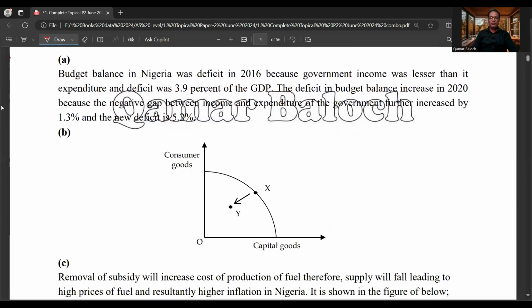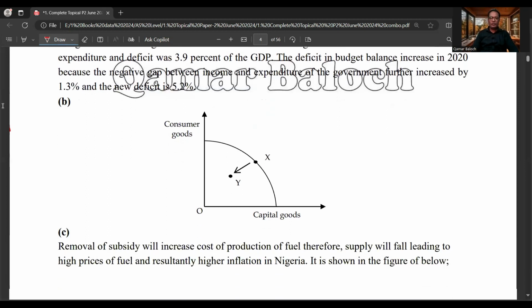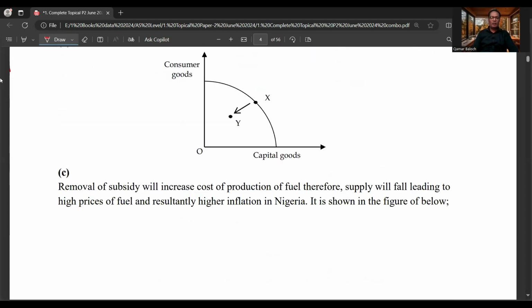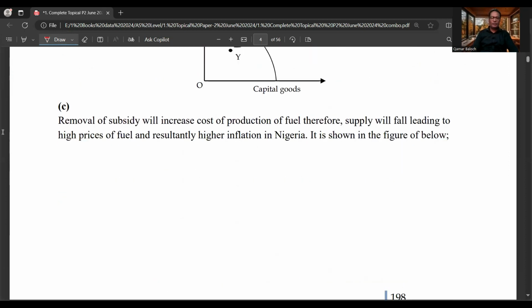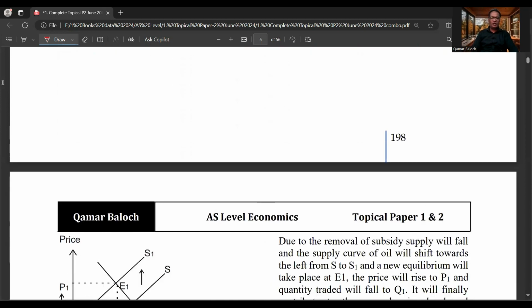And then the answer of part B is also showing on the screen. And then the answer of question C is showing. Just read it.